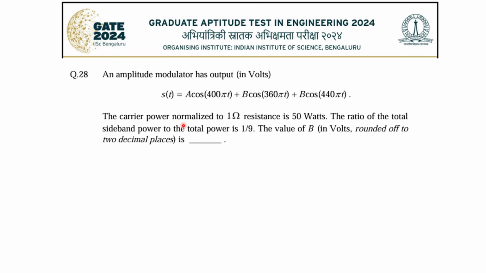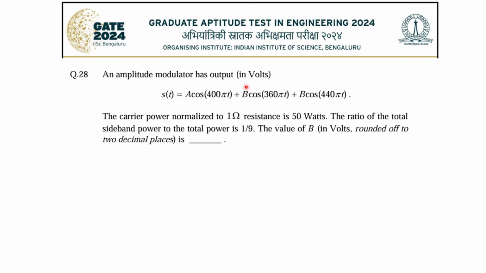Now, what is being asked in this question? The carrier power normalized to a 1 ohm resistor is 50 watts, so carrier power is given. Carrier power you can calculate as amplitude A squared by 2. So here A squared by 2 is given as 50 watts, and then the ratio of the total sideband power to the total power.